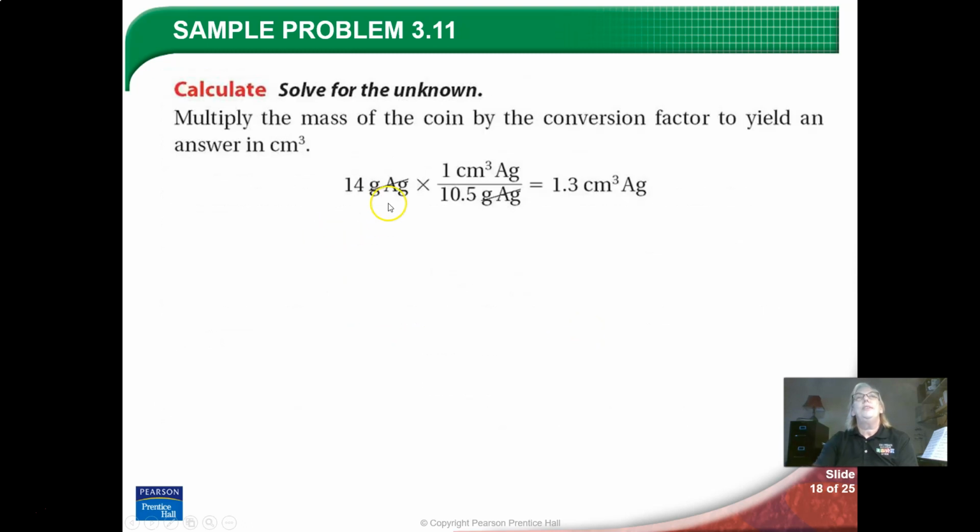We're going to start with the grams, and we're going to flip the density upside down. We're going to have grams there and the cubic centimeters there. The grams are going to cancel, and we'll come up with cubic centimeters. So sometimes you have to flip your density around to get things to cancel out. And how many sig figs? We have 2 there, 3 there, so our answer can only have 2 numbers in it.